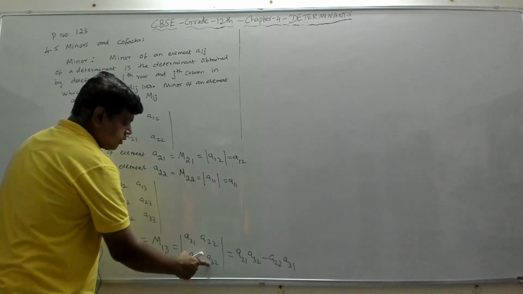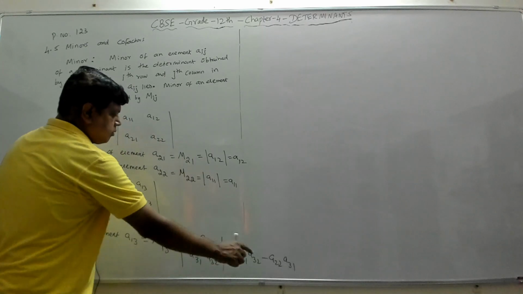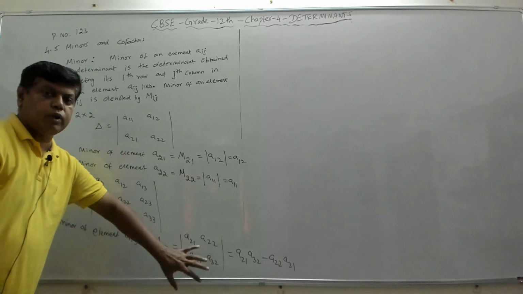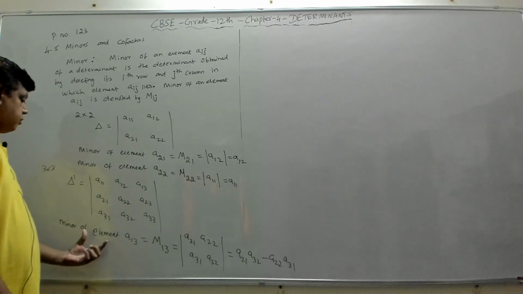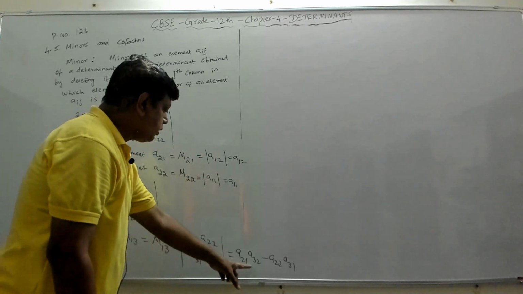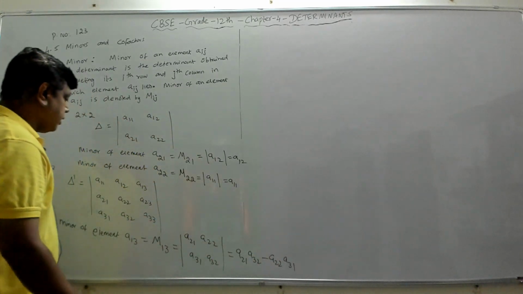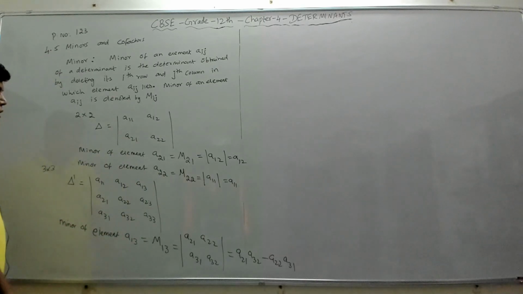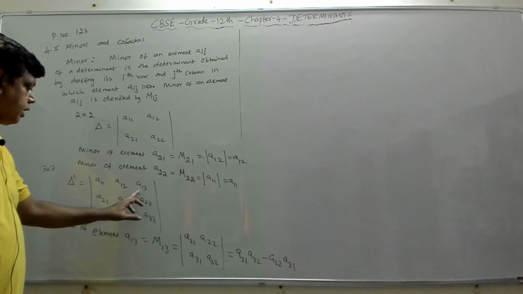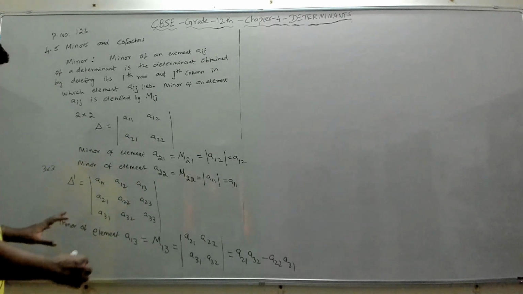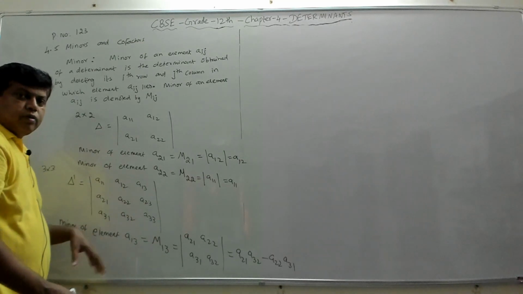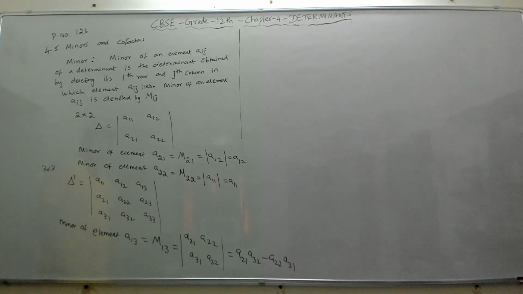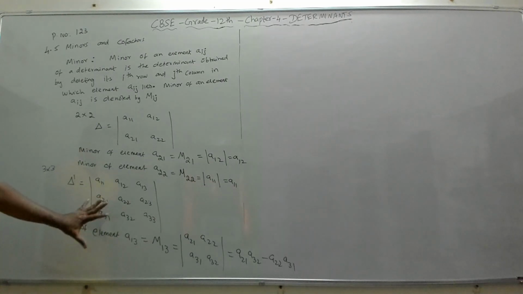This is normal expansion of a determinant. So the minor of the element A13 is A21 A32 minus A22 A31. Like that, you can find the minor of any element in a 3 cross 3 determinant.